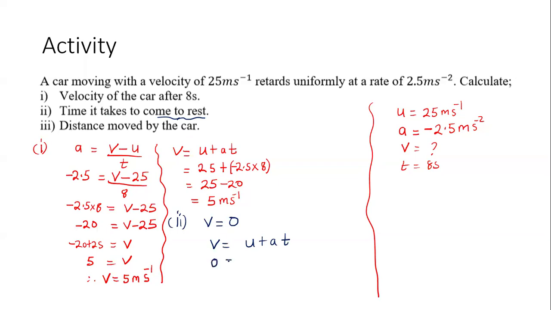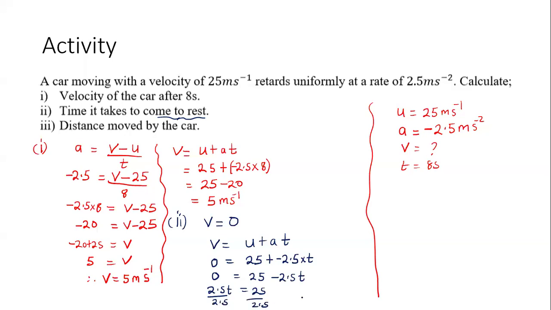So 0 is equal to initially 25, plus acceleration negative 2.5, times our time. So 0 equals 25 minus 2.5t. Since we want t, we take it this side: 2.5t equals 25.